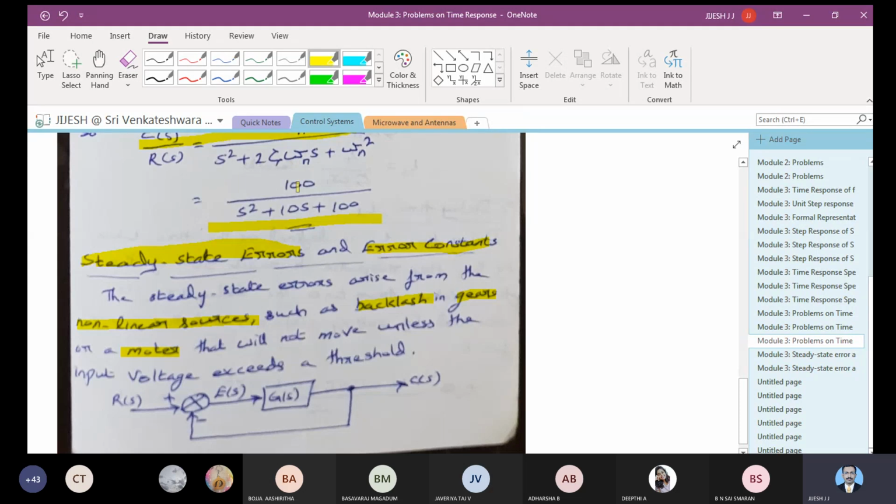Similarly, when you calculate the errors and error constants, you can see that they depend on certain variables, and by adjusting or optimizing those variables to the maximum extent in the design process itself, you can reduce the errors to the minimum. Sometimes the accuracy will be very close to your target.